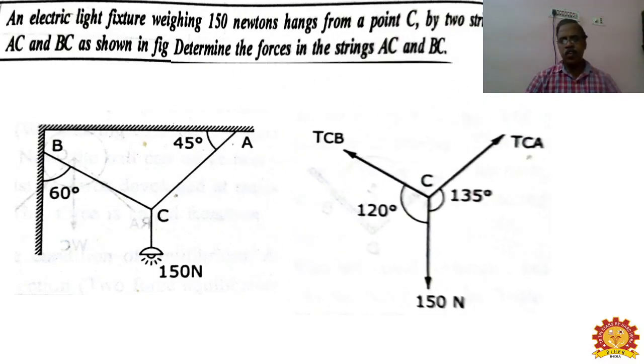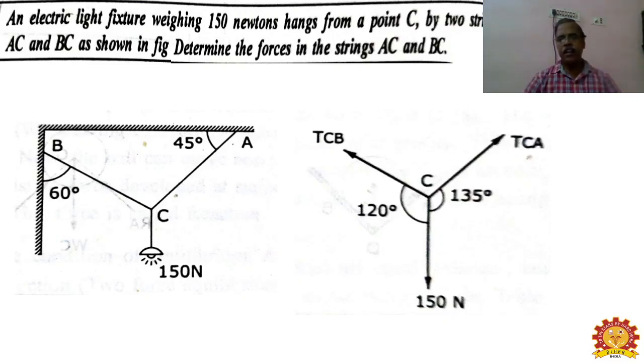Very easily, if you draw a horizontal line passing through C and a vertical line passing through C, it makes a right angle, and the remaining angle will be calculated by the trigonometric method. The angle between TCB and the 150 Newton will be taken as 120, and the angle between TCA and the 150 Newton will be taken as 135.